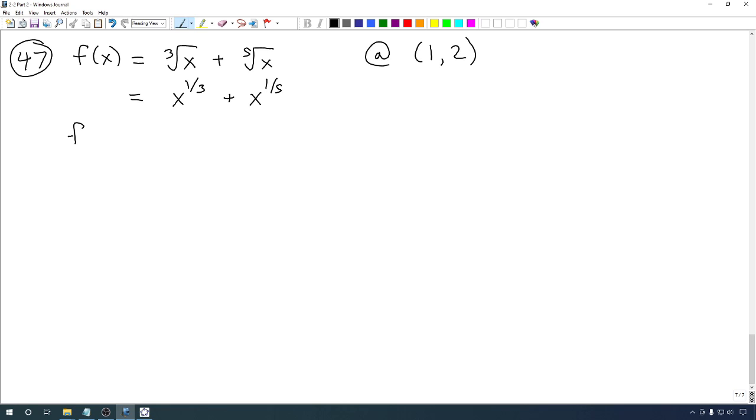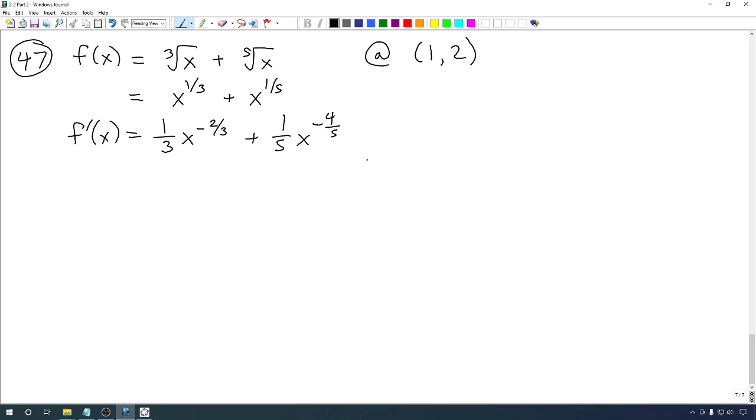When we differentiate x to the 1/3 power, we take that power of 1/3, bring it out in front, and then we reduce the power by 1. So 1/3 minus 1 is negative 2/3. For x to the 1/5, we bring down that 1/5. Then we take 1/5 minus 1, which is negative 4/5.